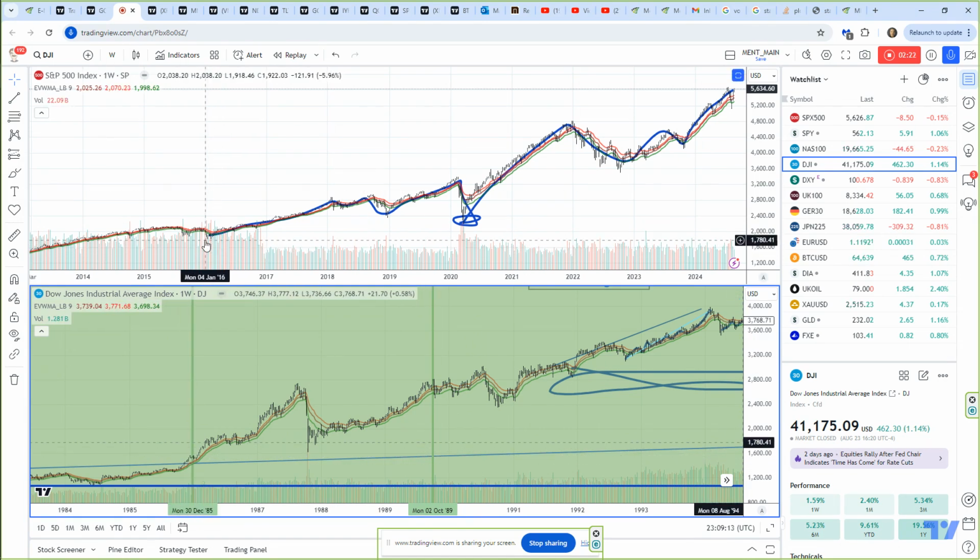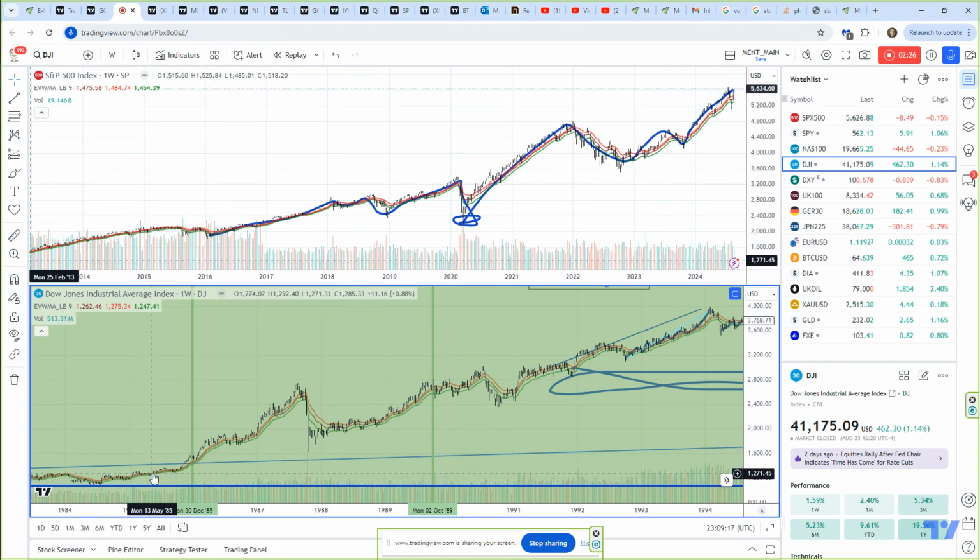You see here from 2016 on up, we're going back a bit early here.